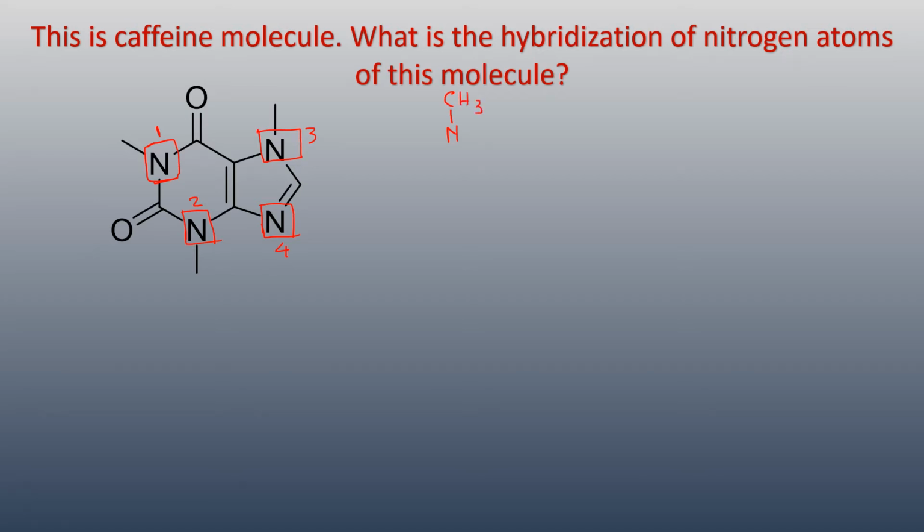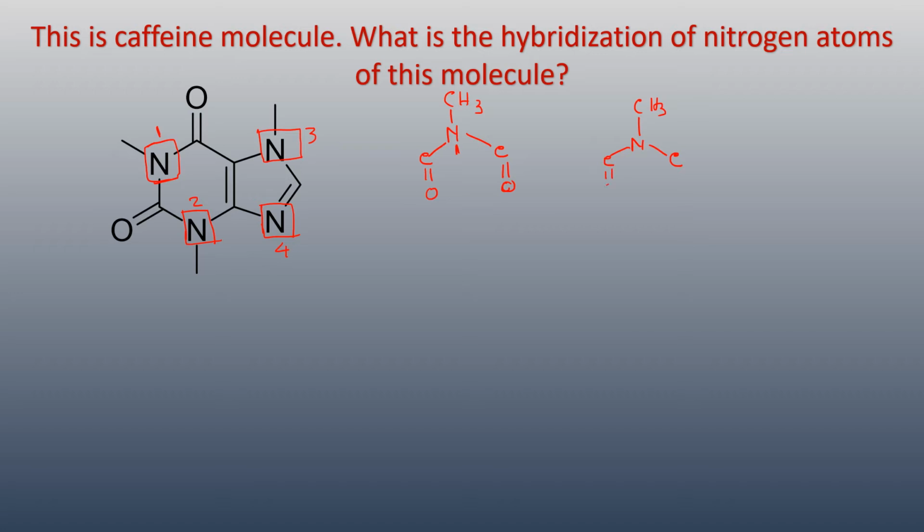Then nitrogen number 1 is attached with a carbonyl carbon and another carbonyl carbon. So this is nitrogen number 1. Nitrogen number 2 is attached with one methyl, another carbon and another carbonyl carbon.